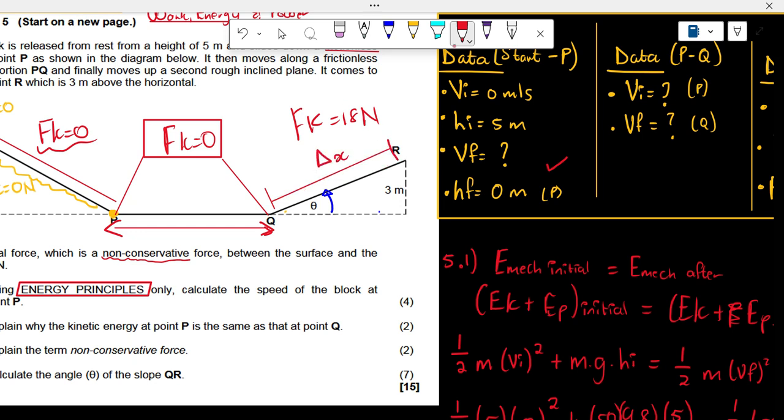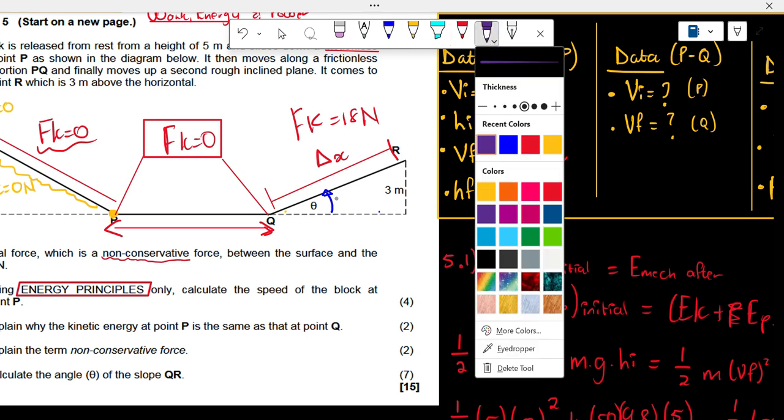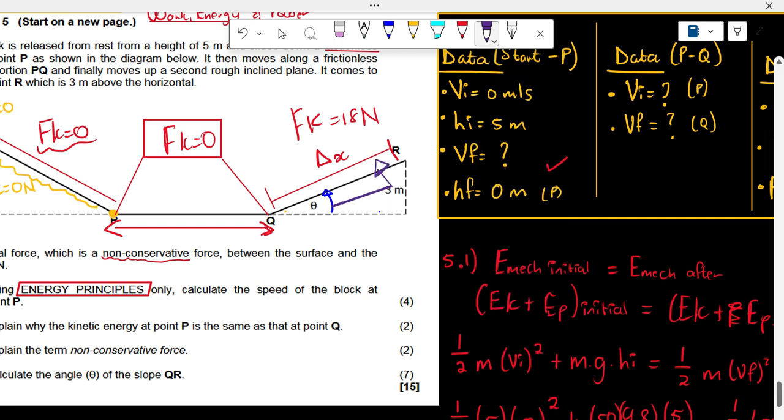And from there, to get the value of theta, I can use any trig ratio that will allow me to get the value of theta. You can use sine, which would be opposite over hypotenuse, the best one to use. I wouldn't recommend that you use the tangent or the cosine, so just stick to the sine. So I need to first get the displacement, then use the trig ratio sine to solve for the value of theta. So that's my plan of attack.